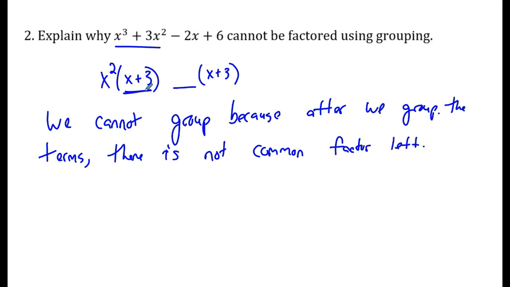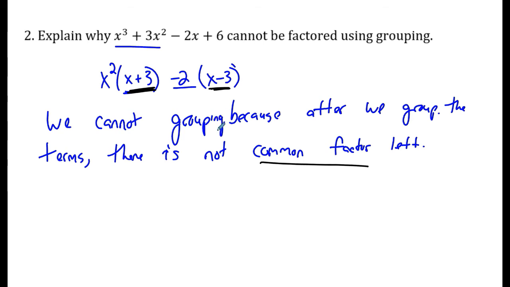There was no common factor of that x plus 3. Well, I could factor out a -2, but I'd be left with x minus 3. These two expressions are equivalent, but look at this. I can't factor out an x plus 3 and an x minus 3. There's no GCF there. So there's no common factor that I can factor out. So that's why we cannot use grouping.